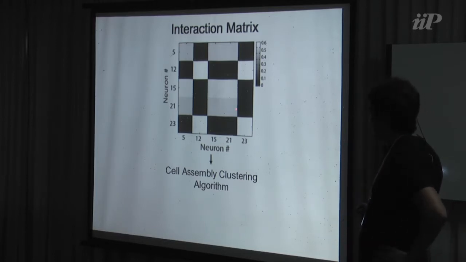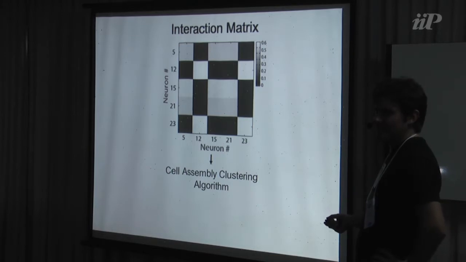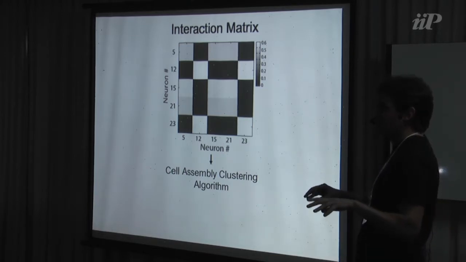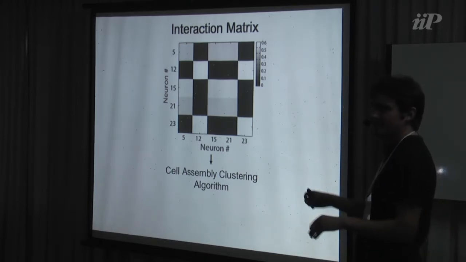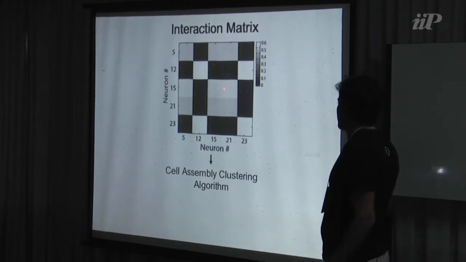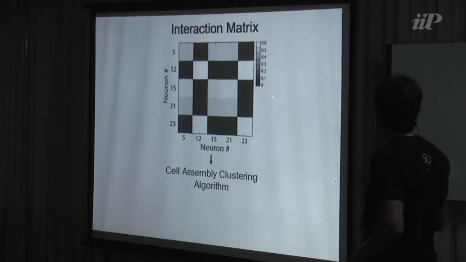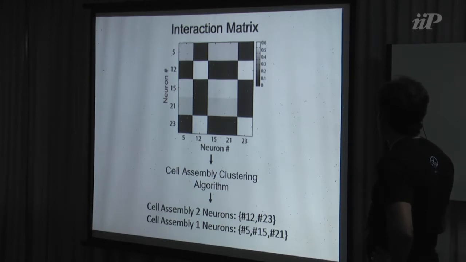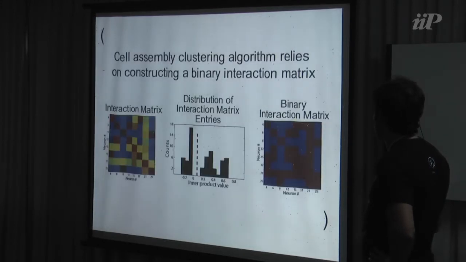This was done by another author in this paper, Sergio Conde. But when I was writing this paper, I said, at this point we use a simple clustering algorithm to clusterize the assemblies, see supplementary material. To this day, I don't know how the algorithm works very well, but I call it a simple clustering algorithm. It's there. You guys want to try it? It works, because I tried several matrices and it worked. Okay, and this is done, and then we get our cell assembly neurons.